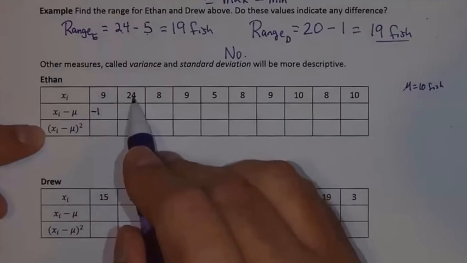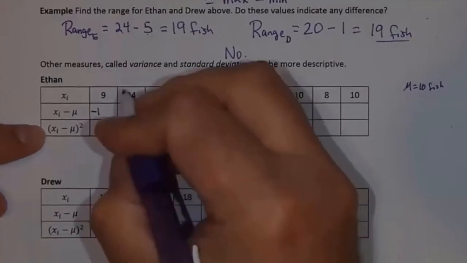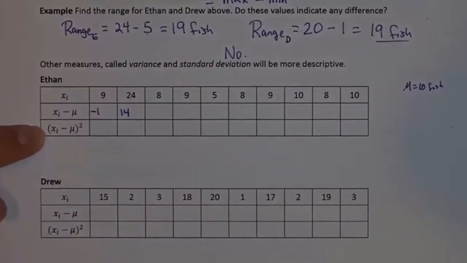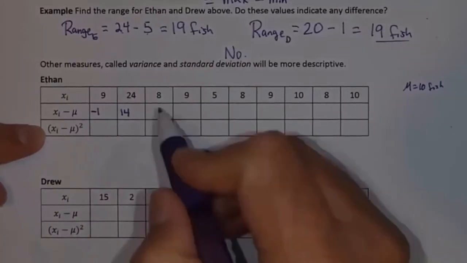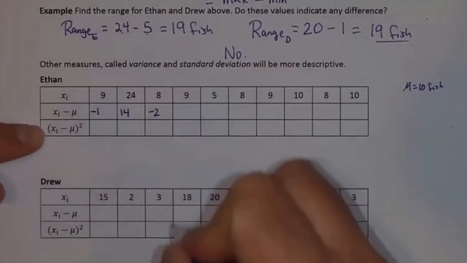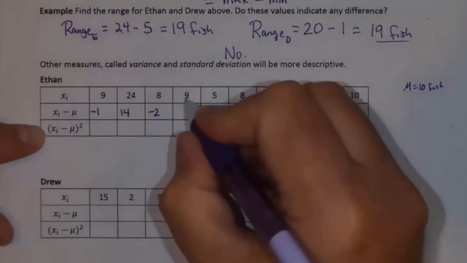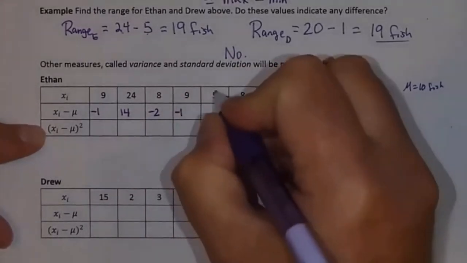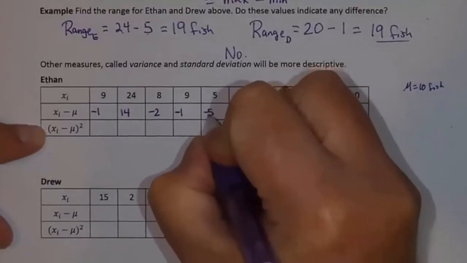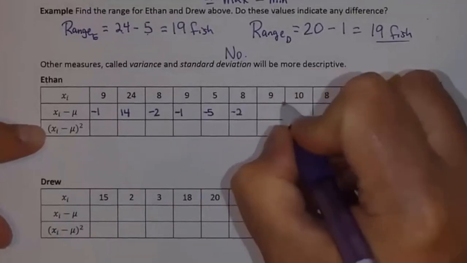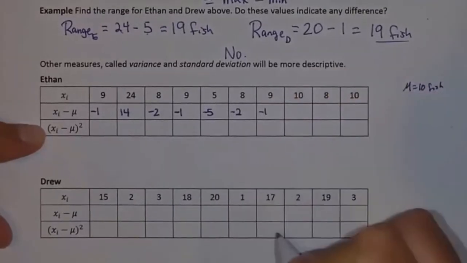This day, 24 fish. Well, 24 minus 10, that's 14. That day, Ethan was 14 fish above average, above the center. 8 minus 10, -2. That day, he was 2 fish below average. 9 minus 10, -1, 1 fish below average. 5 minus 10, -5, 5 fish below average. 8 minus 10, -2. 9 minus 10, -1.